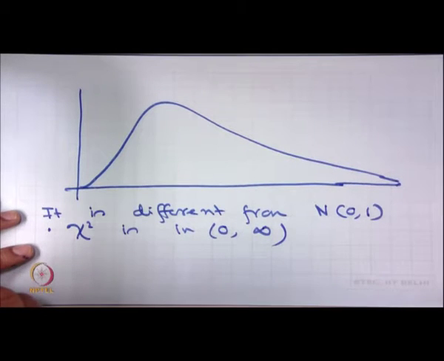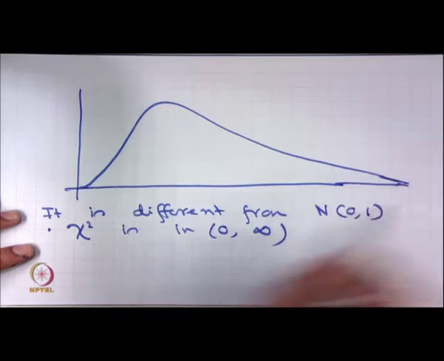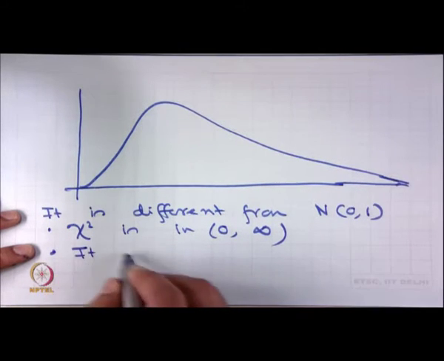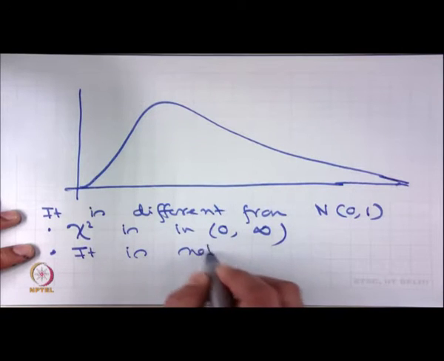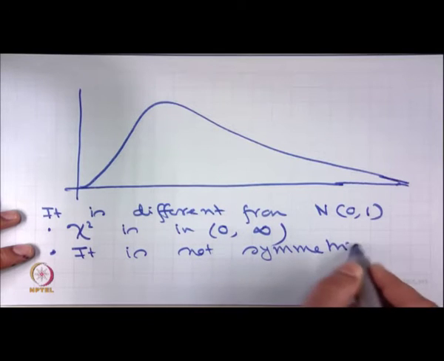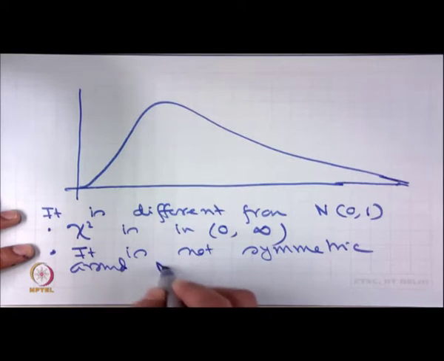It is a positive random variable, therefore, it ranges over 0 to infinity, and secondly, it is not symmetric around the mean.